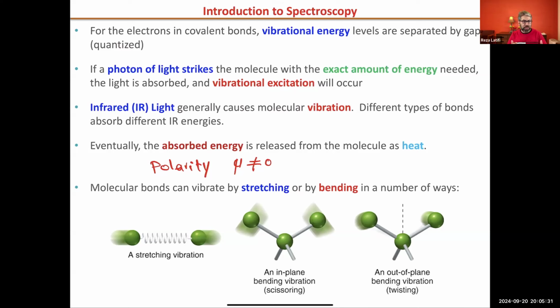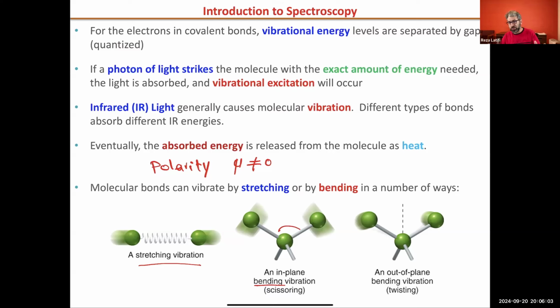And so it can be stretching, it can be bending, you're bending the bond angle, or sometimes you have two bonds, one is coming to your side and the second one is going back of the plane. So they can simply stretch, or they can get closer to each other, or while one is coming to you, the second one is getting back, and the bond angle can also change.